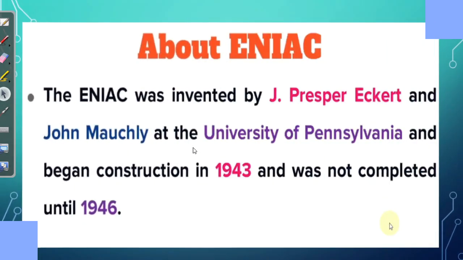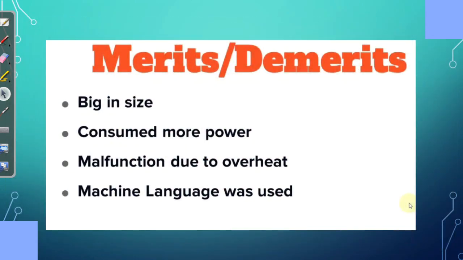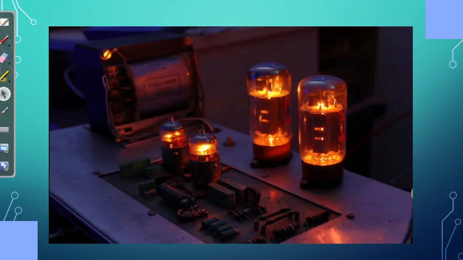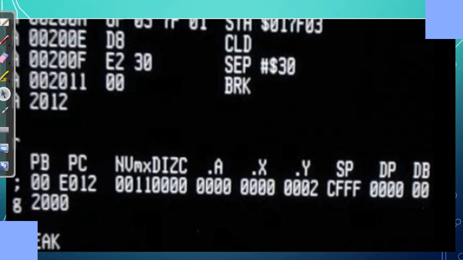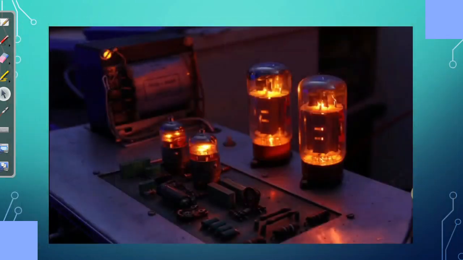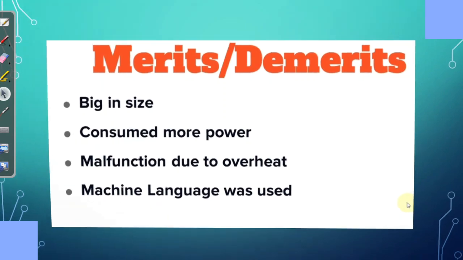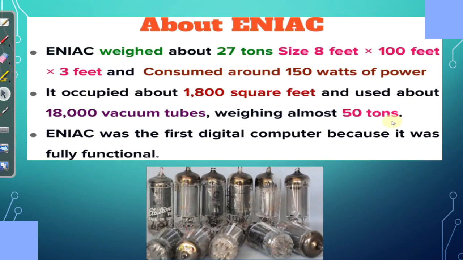Now, this was not completed until 1946, as I told you. Based upon the size of the vacuum tubes, it consumed more power, and the size of the machine was also very big. ENIAC weighed about 27 tons. The size was 8 feet by 100 feet by 3 feet.